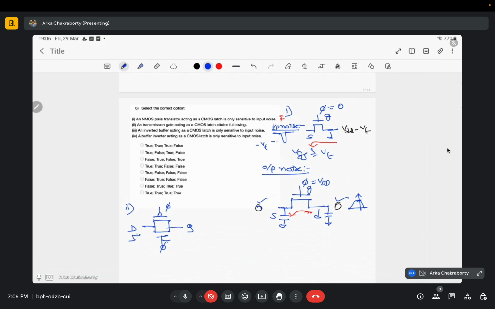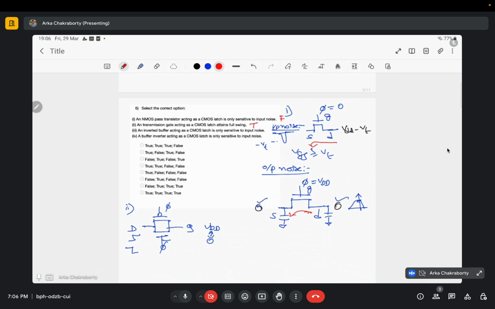high, my PMOS is strong 1, so my Q will be charged to VDD, and when my D is low, my NMOS is strong 0, so Q will be charged to 0. So I get a full swing from VDD to 0. So the statement that a transmission gate acting as a CMOS latch attains full swing is true.